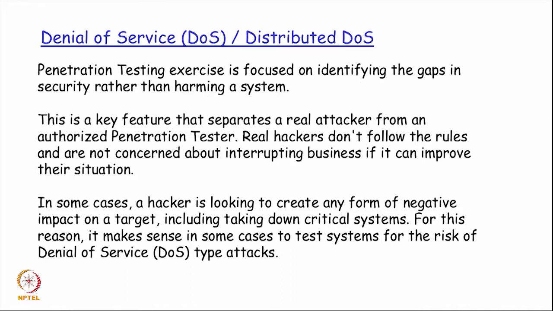Having discussed the background of how a real hacker differs from a penetration tester, we will look at what exactly denial of service is. Denial of service is a form of negative impact on a target, where the sole objective is that in some form or other the attacker brings down the target in entirety.